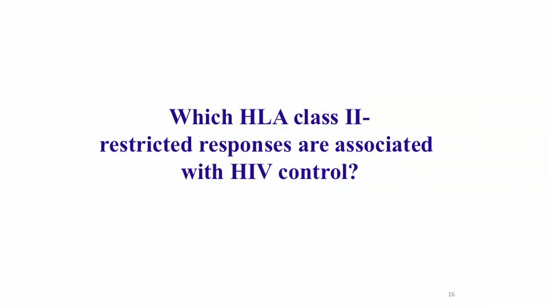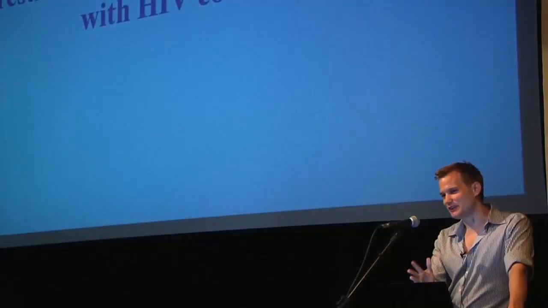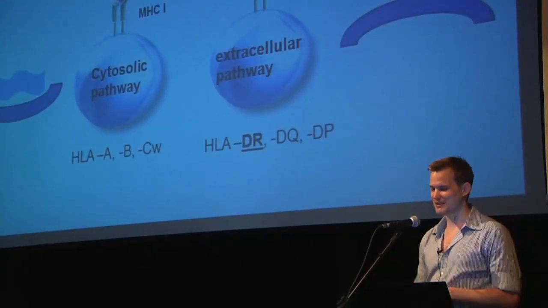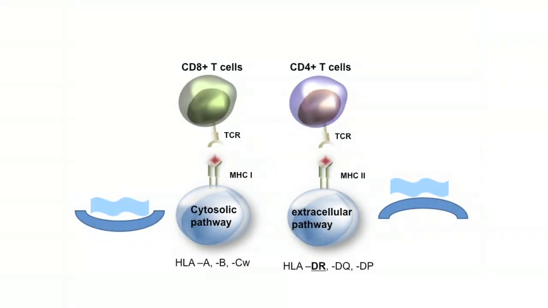Now, we were actually surprised about seeing such a strong protein specificity. So we wanted to know whether there's an association with HLA class II alleles. HLA class II alleles are very different compared to HLA class I, so I'll make it a little bit simpler than Ken.